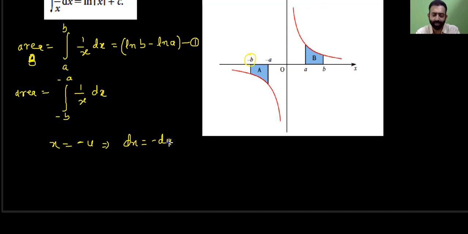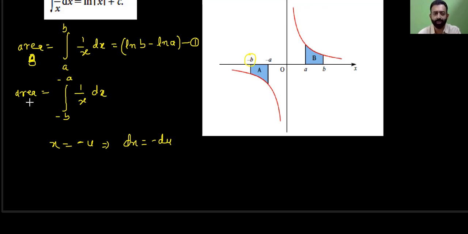Second, if you are substituting the variable, you have to change the limits also. So if x is minus b, u will be positive b, and if x is minus a, u will be plus a.